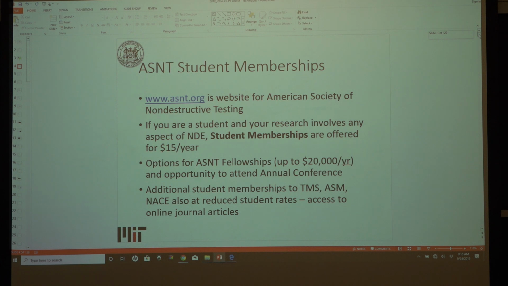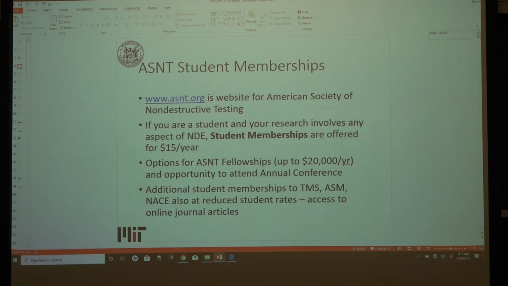The other thing that is valuable is that you can sign up for fellowships. ASNT has five fellowships of up to $20,000 a year. If your research is related in some way, or if you want to make it related, very few people actually do graduate research in NDT, so it's a good way to get funding if you apply.